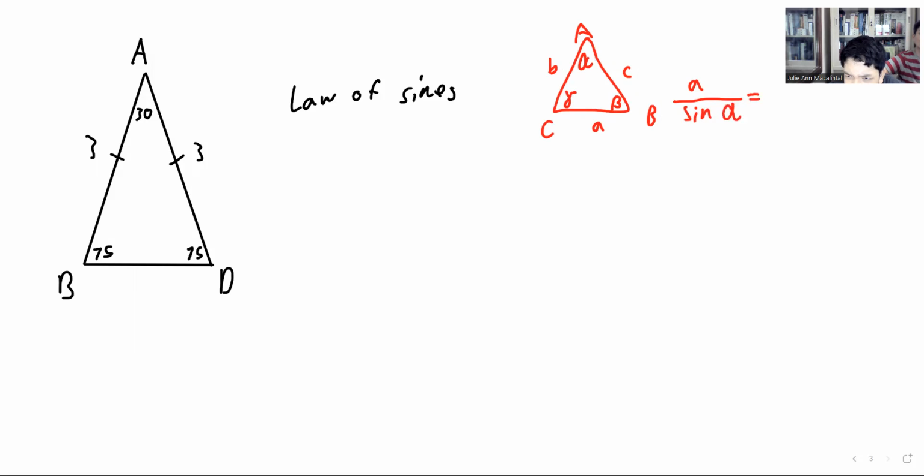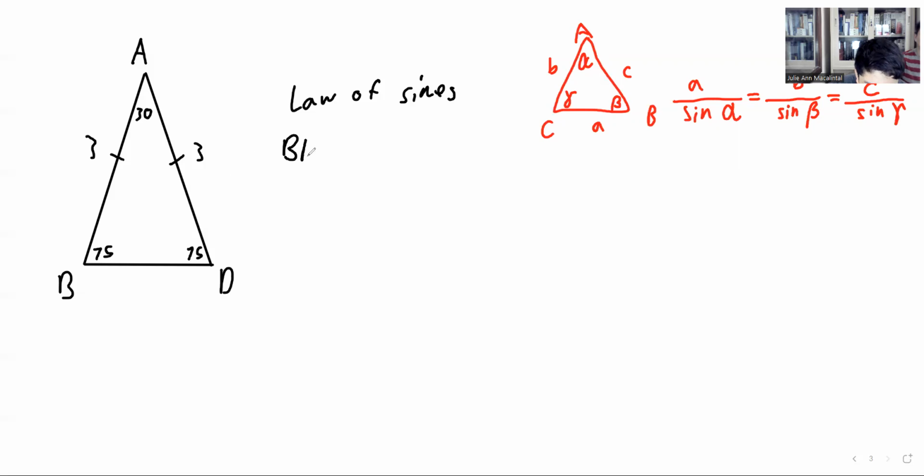It is actually possible to prove this. Okay, a over sine alpha equals b over sine beta equals c over sine gamma.